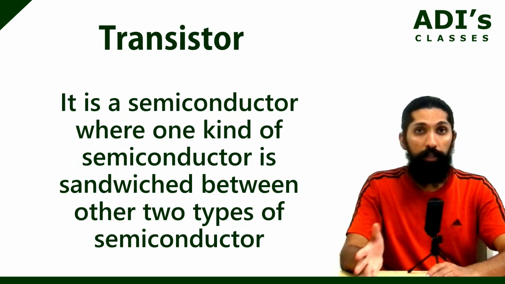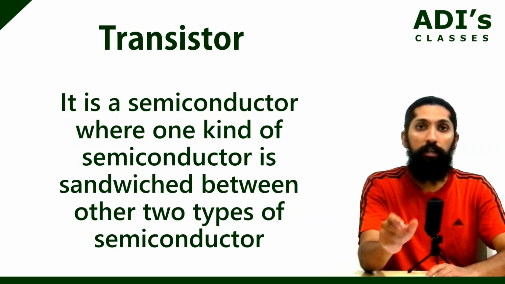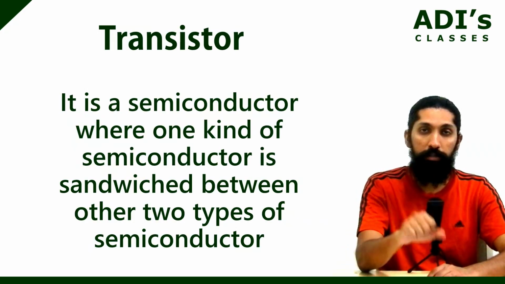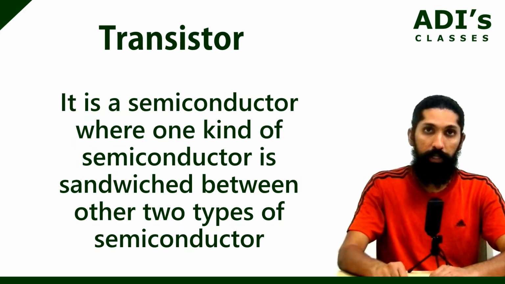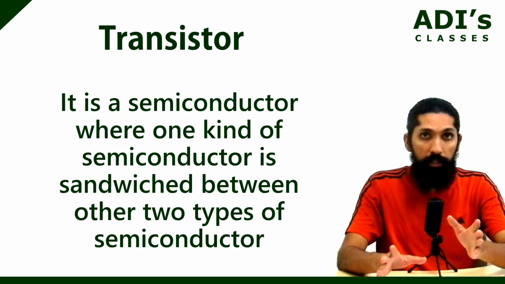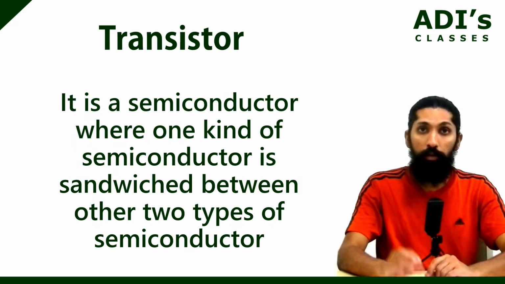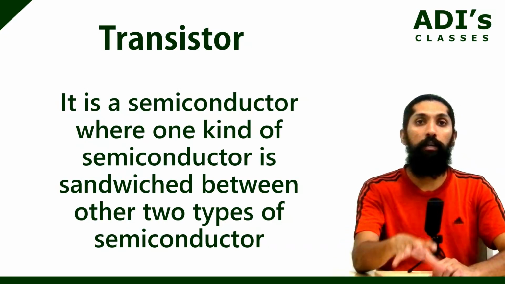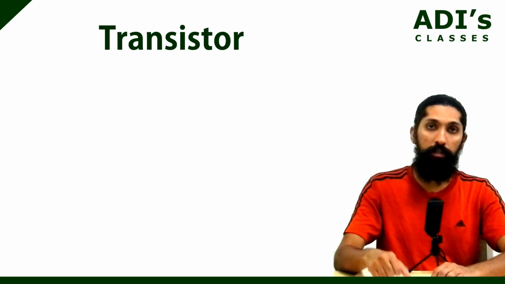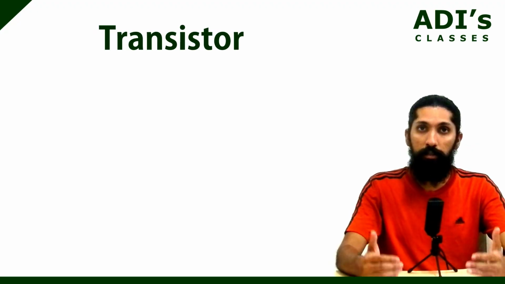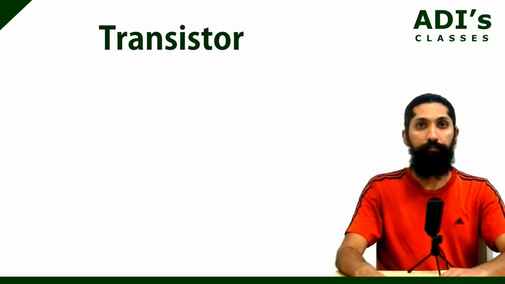Like when you say NPN, P-type semiconductor is sandwiched between two N types, and in PNP, N is sandwiched between two P-types. You understood the symbol. So, wherever you see these particular symbols, you know what type of transistor is being used in the circuit.